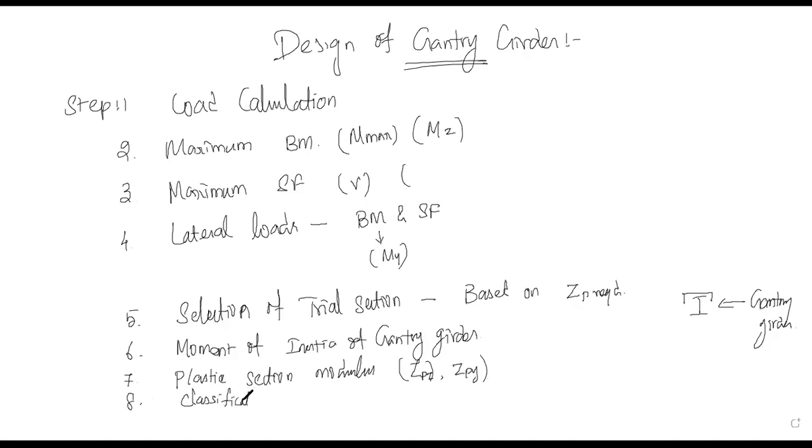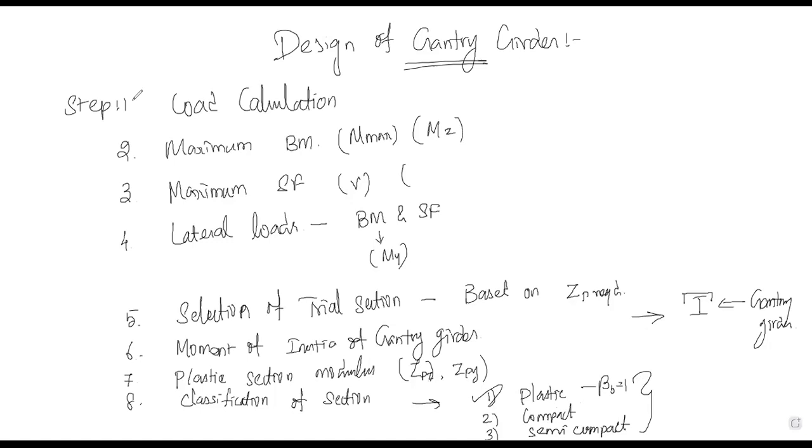Whatever the section we have selected, that section is whether it is plastic or compact or semi-compact, that we have to calculate, which is based upon the table number. So our section is plastic, so our beta b value becomes 1.